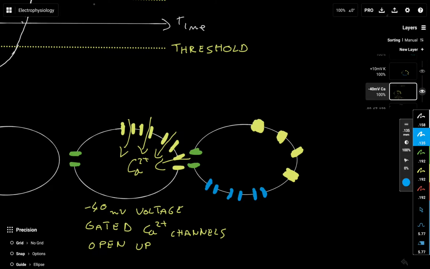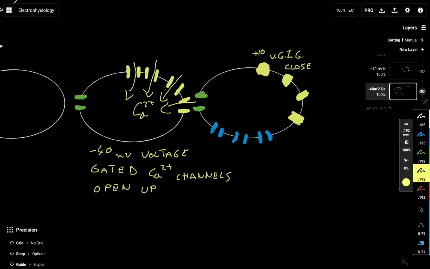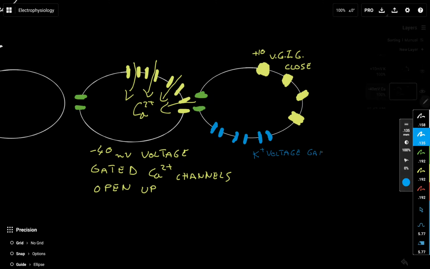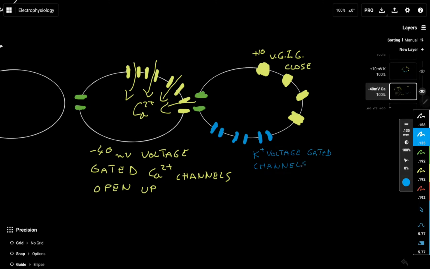My calcium voltage gated ion channels will close, but my potassium voltage gated channels will open up, allowing for potassium.